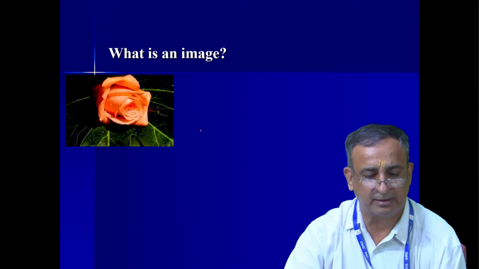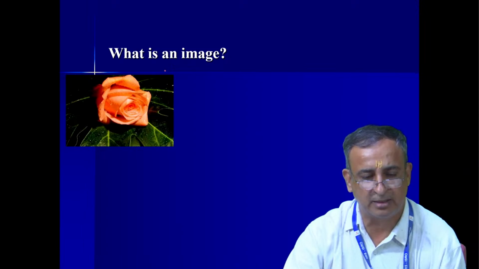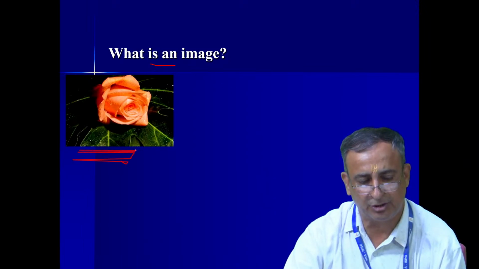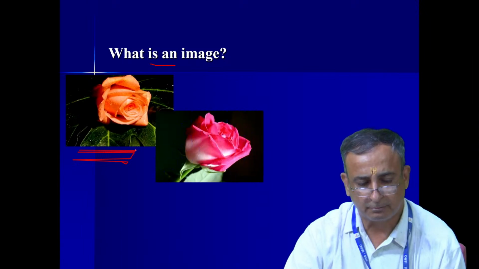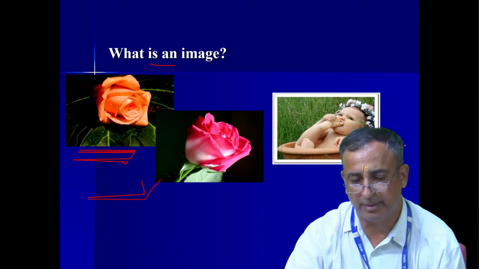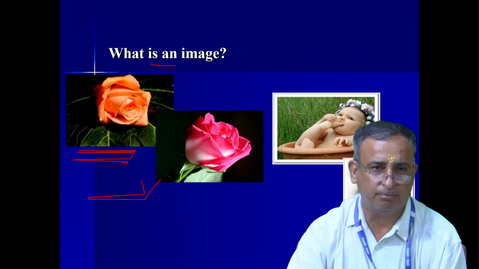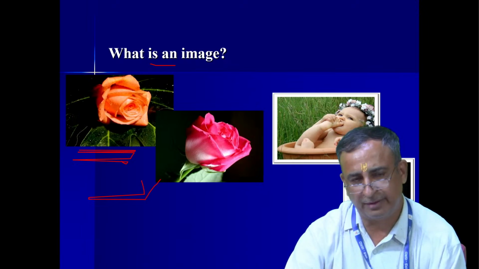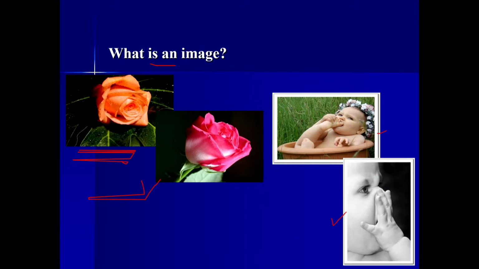Before that, we can just highlight what an image is. You can see these rows also look like an image, this also looks like an image, and this also looks like an image. But if you try to define the image with a book definition, a pictorial representation, it is not understood by a person who is going for digital image processing.